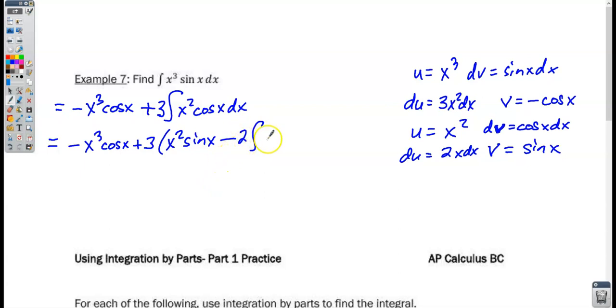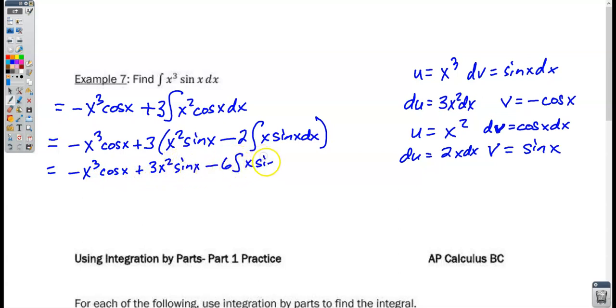Again, I'm going to bring the constant out in front. And then I need to apply integration by parts again. Actually, before I do that, I'm going to go ahead and get rid of this set of parentheses. And then we need to apply integration by parts again.